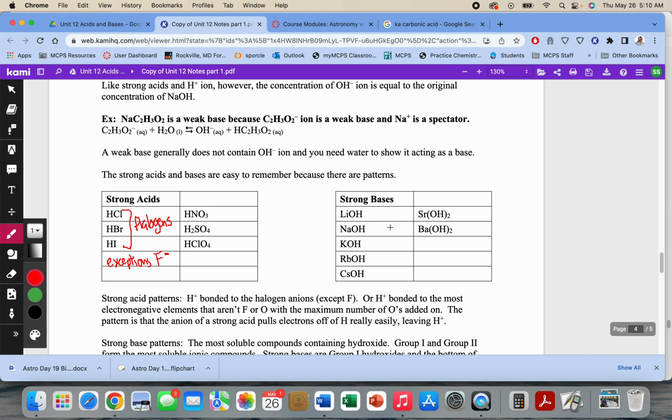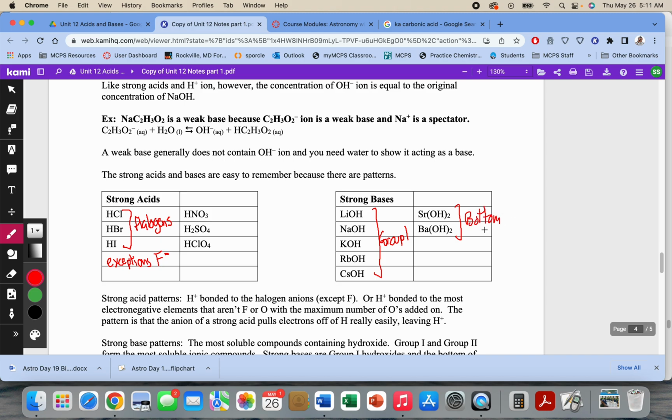For bases, we need things that will give up electrons because we need to create OH minus. And so these are all group 1. Right? If they're all the way at the left, they have very few protons holding their outer electrons on, and they give up electrons to hydroxide quite easily. We also have the bottom of group 2.